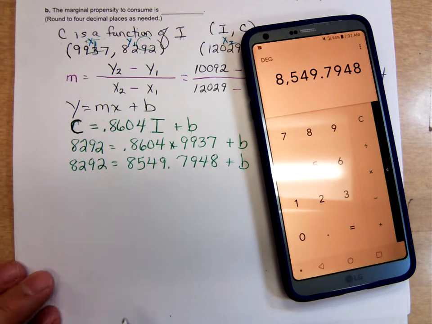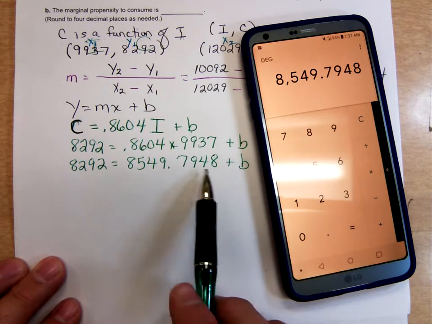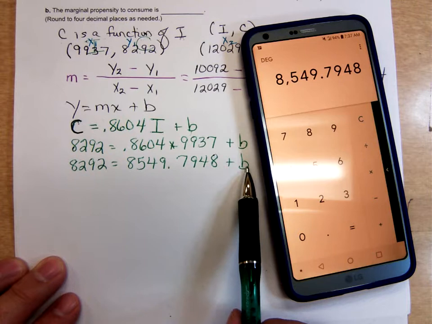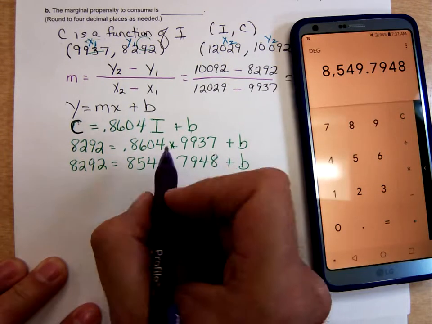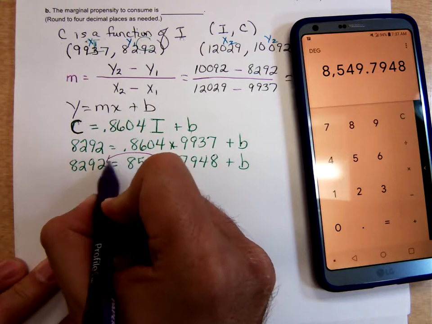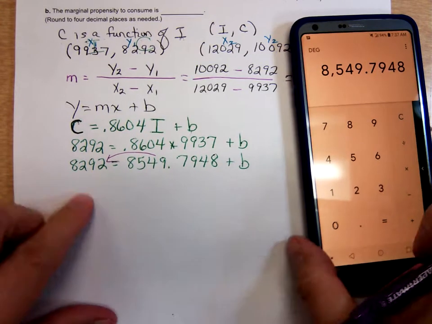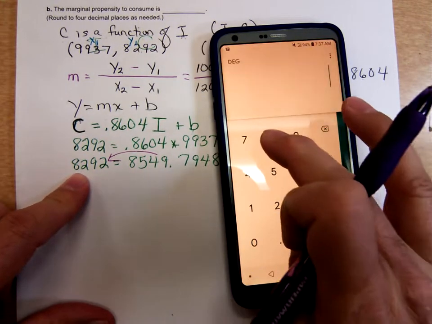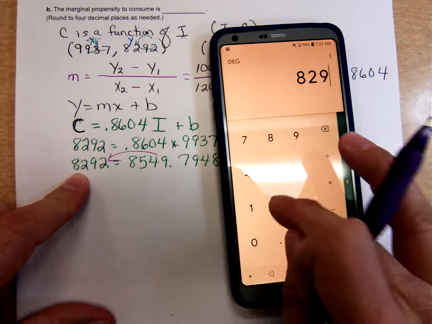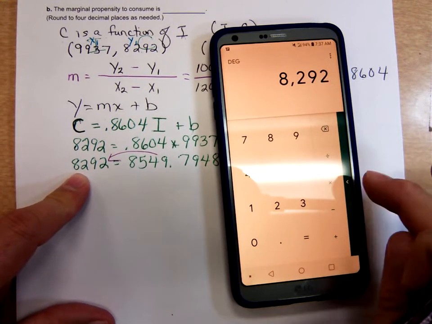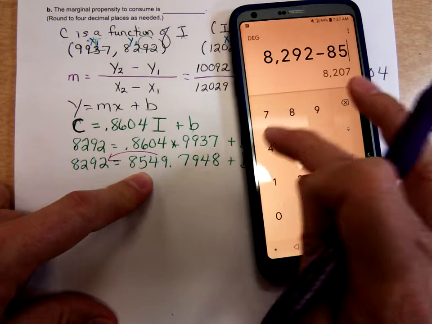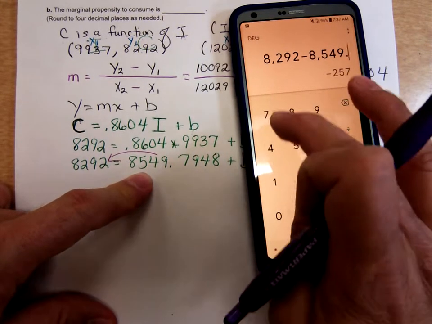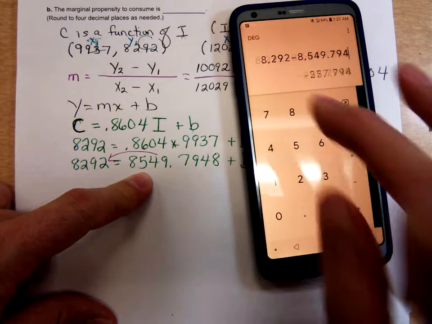Okay? So now, it's not a pretty number, but how do we find b? Well, to solve for b, let's just subtract the 8549.7948 from both sides. So I have 8292 minus 8549.7948.